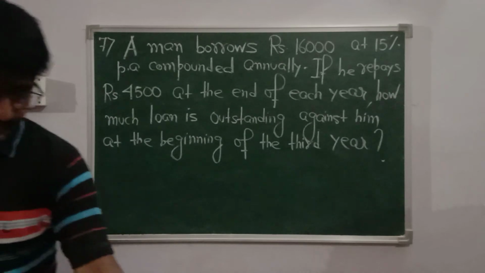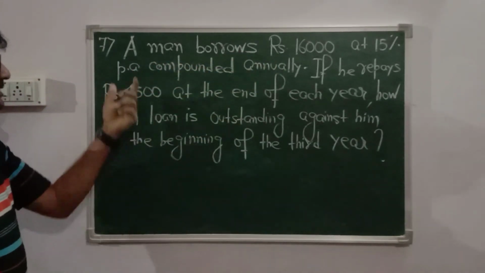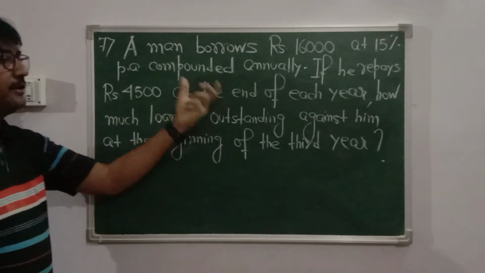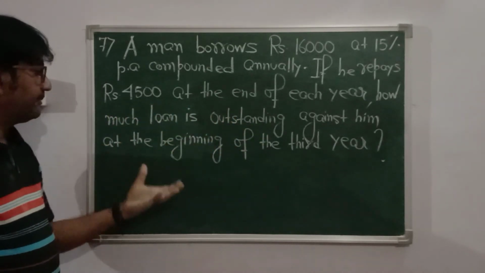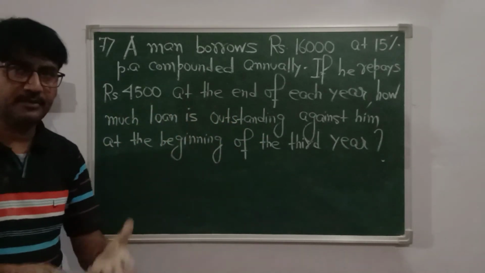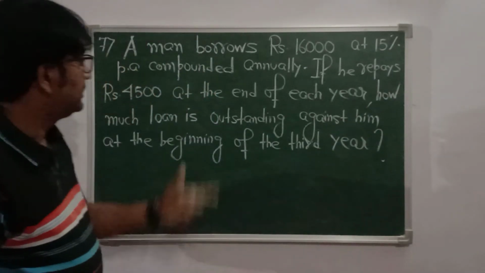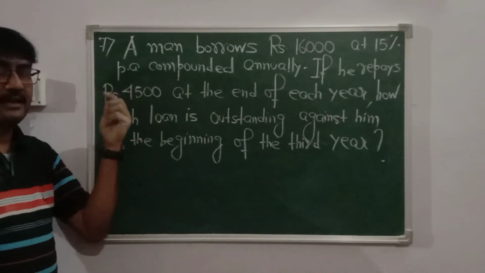So now see the question. A man borrows rupees 16,000 at 15% per annum compounded annually. If he repays rupees 4,500 at the end of each year, how much loan is outstanding against him at the beginning of the third year? So this is a very simple question. What you do is find the amount for the first year, then from this amount you deduct 4,500 because he is repaying 4,500 at the end of each year.